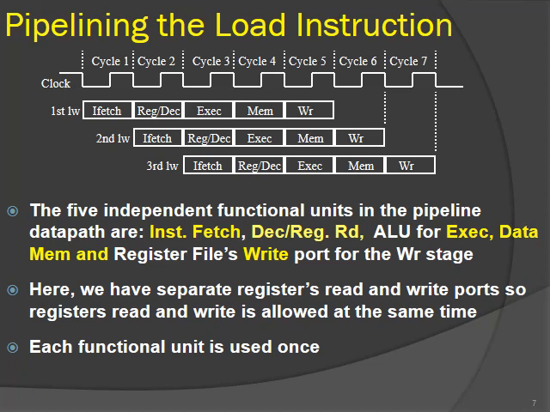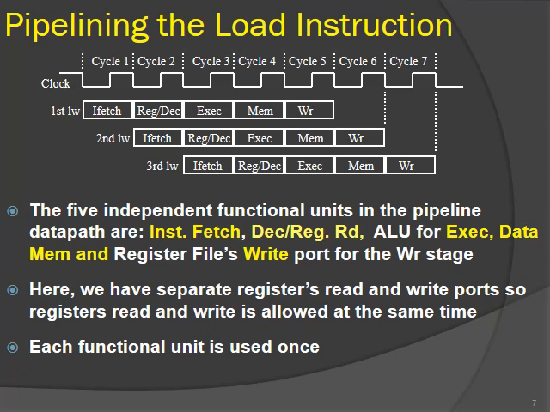It can also be noticed that as the first load finishes its instruction fetch stage, it no longer needs the instruction memory. Similarly, when the second load starts, it uses the instruction memory for the second instruction fetch.